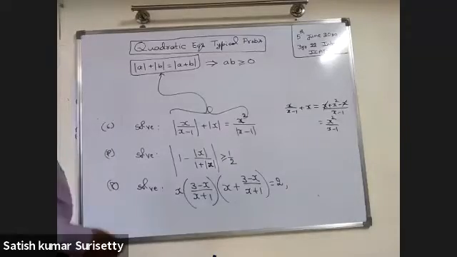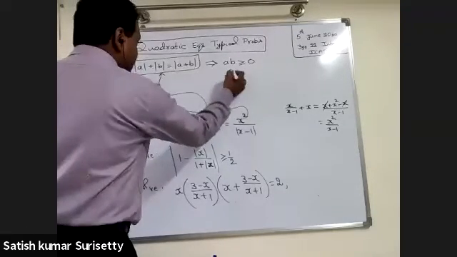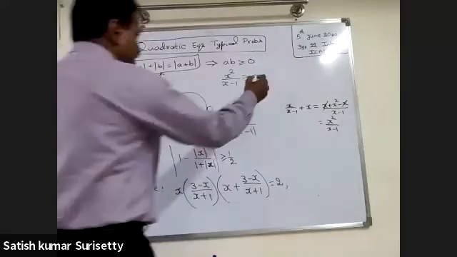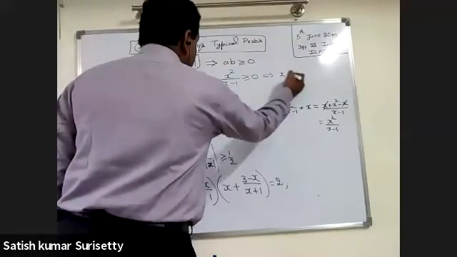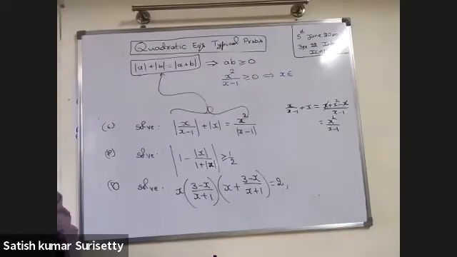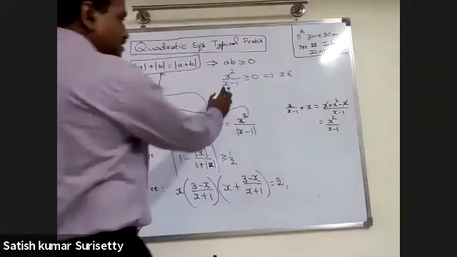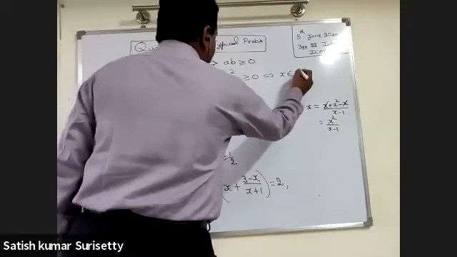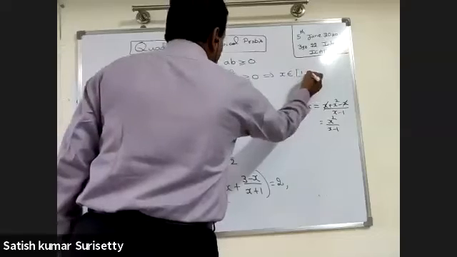That means here ab greater than or equal to 0, so x square upon x minus 1 greater than or equal to 0 implies x belongs to what? Now the numerator is always positive only. That means the denominator must be greater than 0. That means x must be greater than 1. So 1 to infinity.